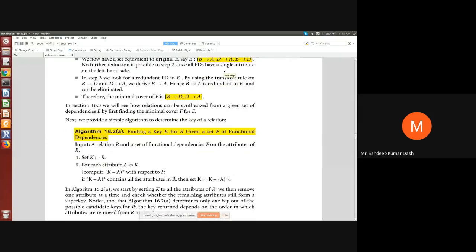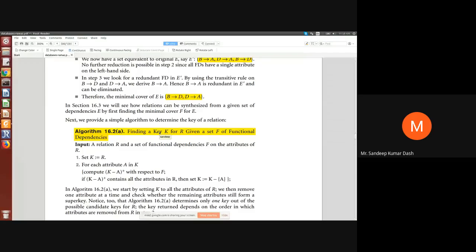And this algorithm is for finding the key of R. Given any relation, a functional dependency set will be given. Based on that, you have to find which attribute or combination of attributes can be the key attribute. Okay, so how do you do that? Finding the closure.